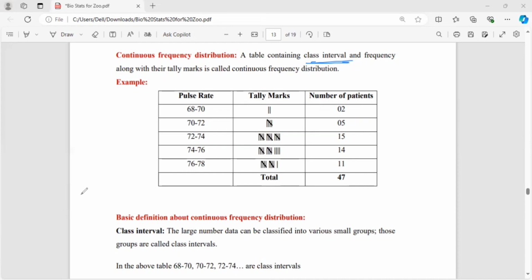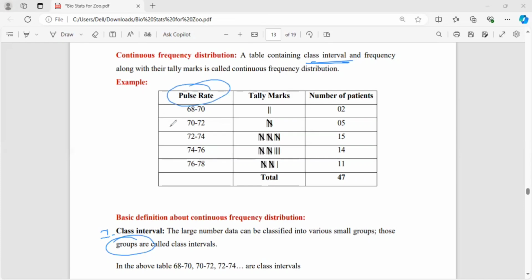The first definition is class interval. Class interval means a large amount of data can be classified into various small groups. Those groups are called class intervals. For this example, I considered the pulse rate of the human body.